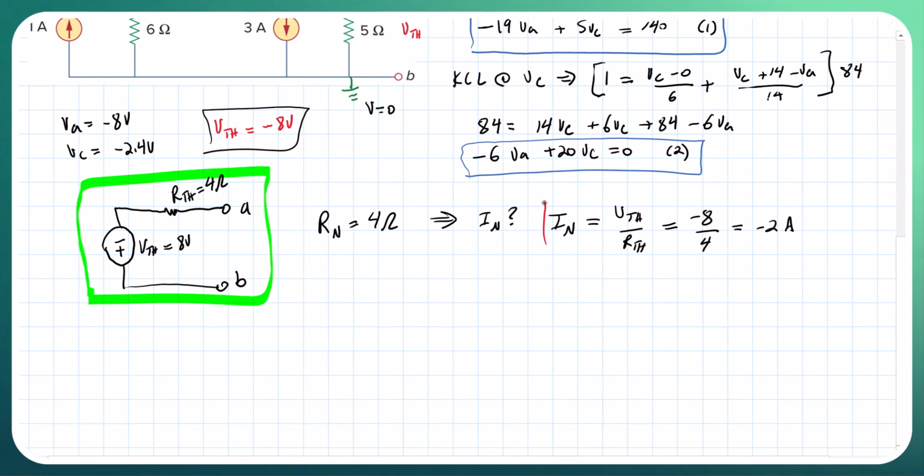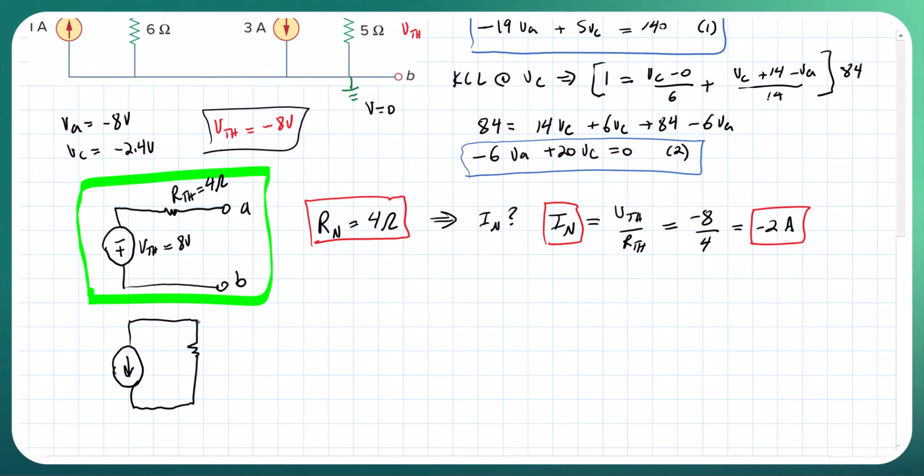So now we have our I Norton solved and our R Norton solved, and we can redraw this circuit. Note the current source is going to be in parallel with the resistance, and then we have our A and our B here. 2 amps is our I Norton, and our R Norton is 4 ohms.